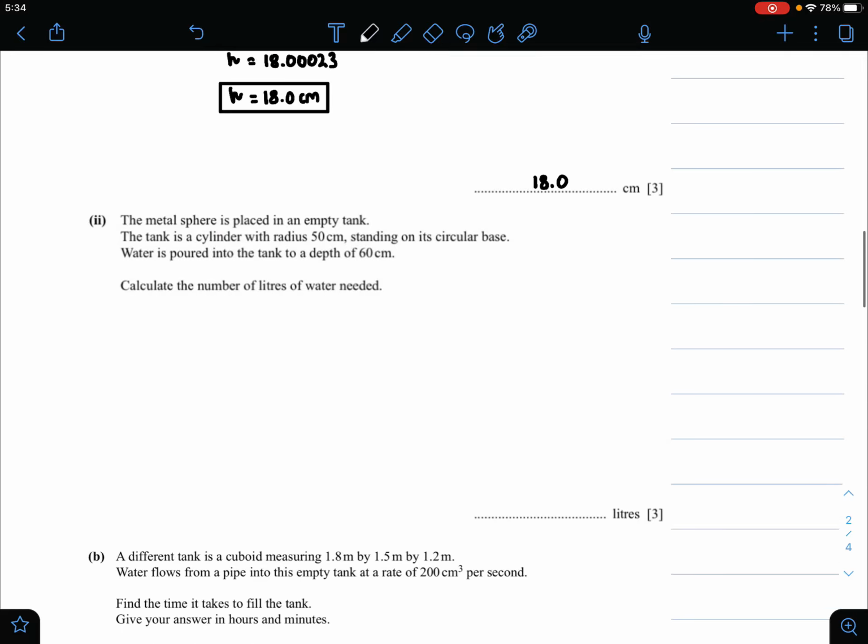So the volume of a cylinder is the area of the base multiplied by the height. So that would be pi r squared h. Now we know that r is 50, as they've given it to us.